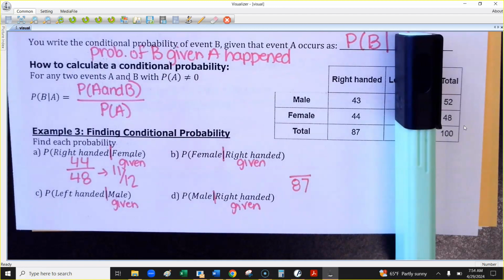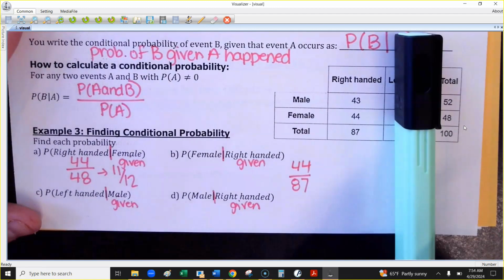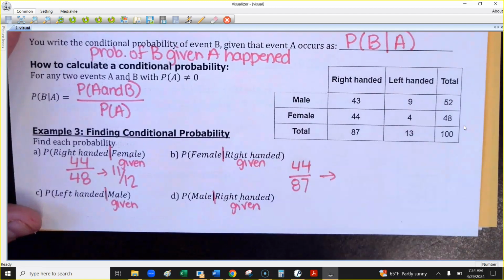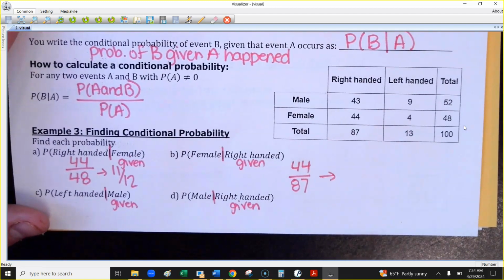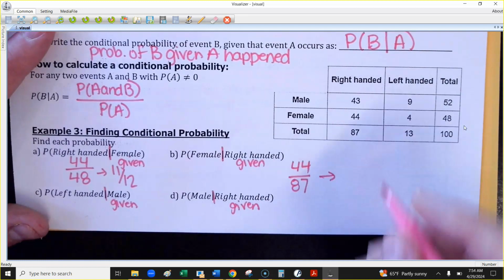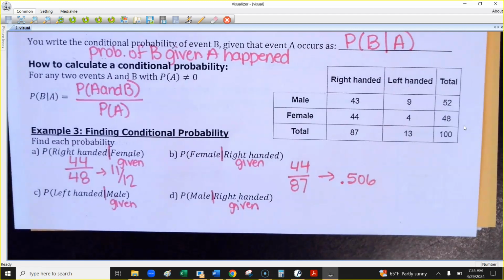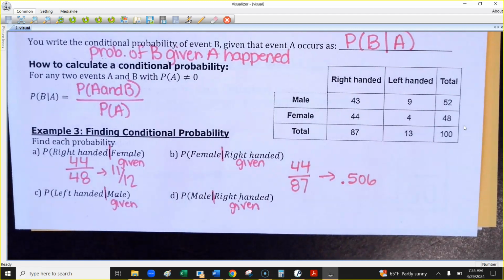The number of females would then go on the top. So you can see this is a totally different probability. It depends on what the condition is. That one would be 44 out of 87, which does not reduce. But if you want a decimal, it's about 0.506. So for any of these, if you want to do a decimal, you can do that, or if you want to reduce the fraction, you can do that too.